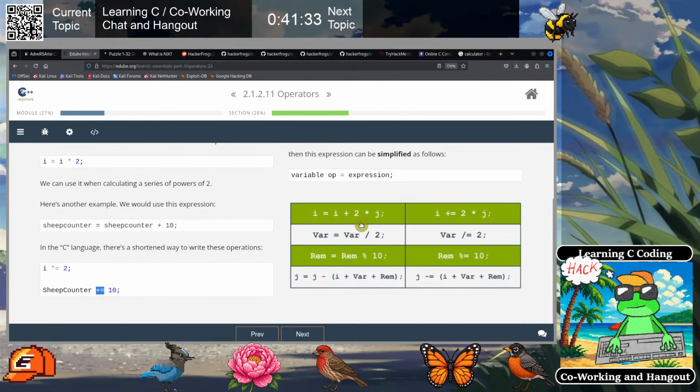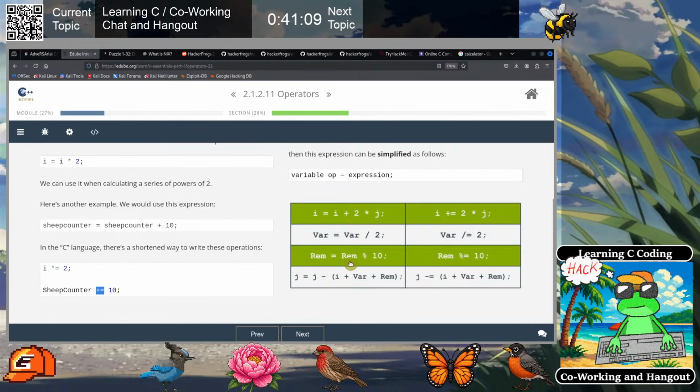So i equals i plus 2 times j. We can express that as i plus equals 2 times j. Okay, and then we've got variable equals variable divided by 2, and we've got variable divided equals 2.